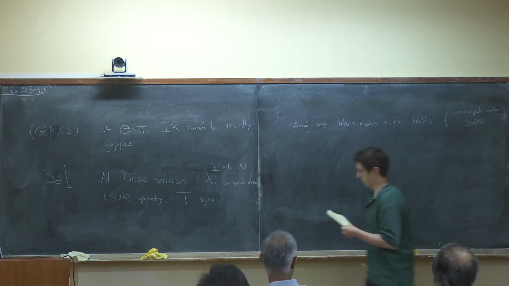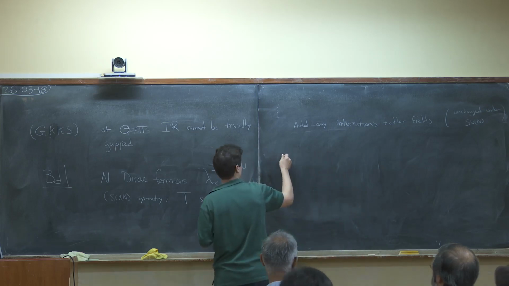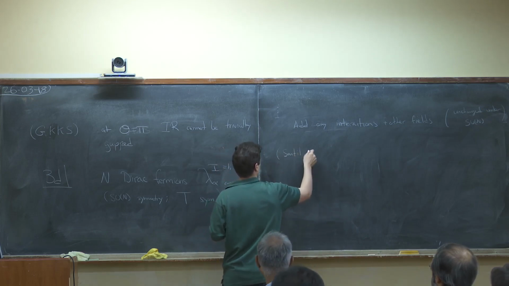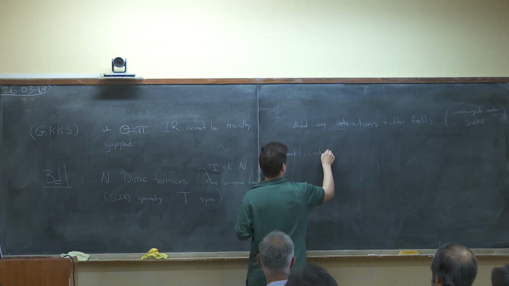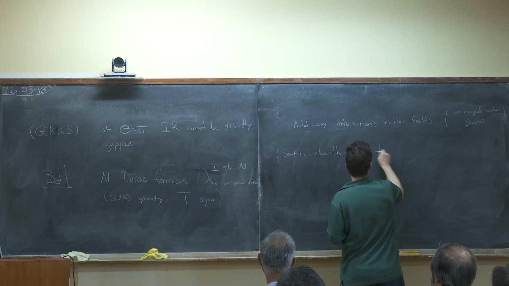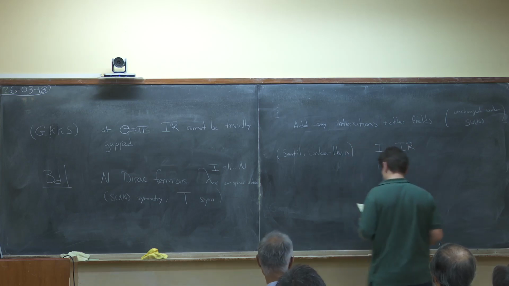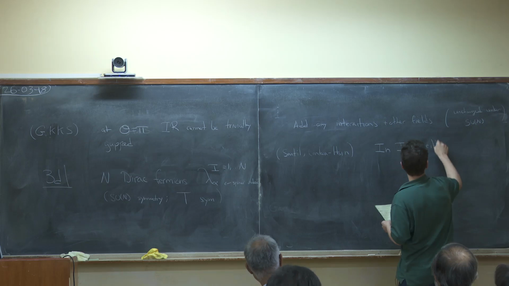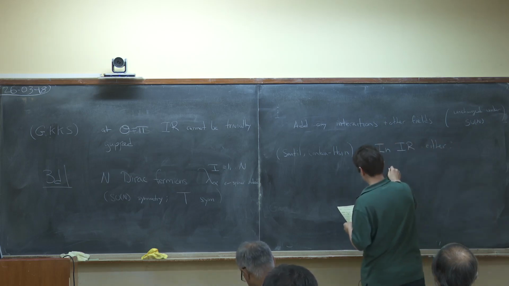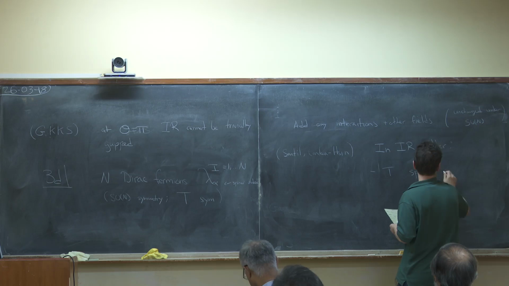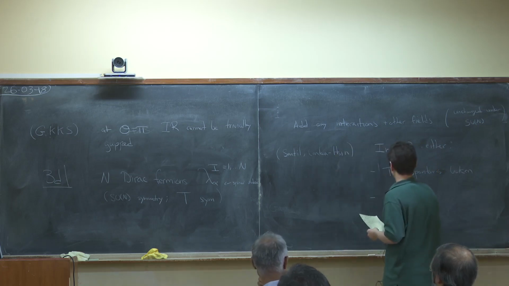And I want the interactions to preserve T. Okay, what's an interesting claim that you can make? So here's a result due to Senthil and myself and Tokhsin. In the IR, we can say one of two things must happen. So either T is spontaneously broken, or the theory is gapless.